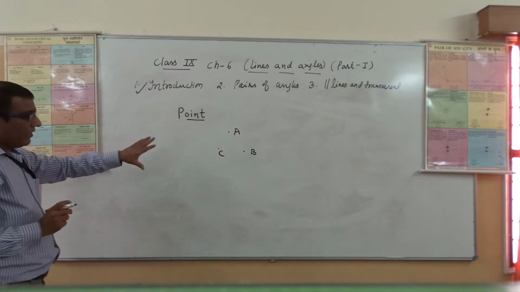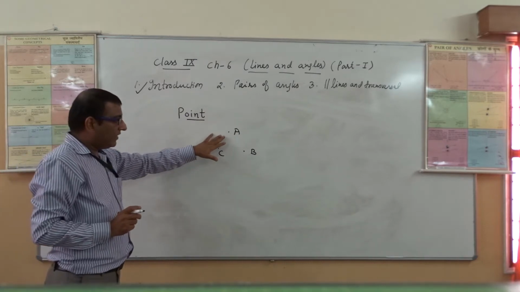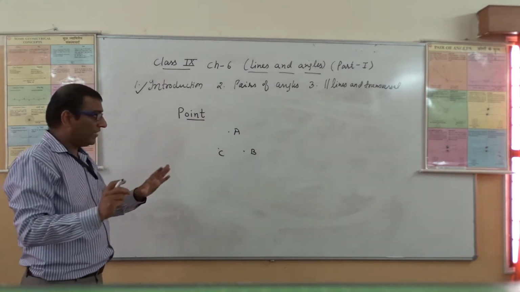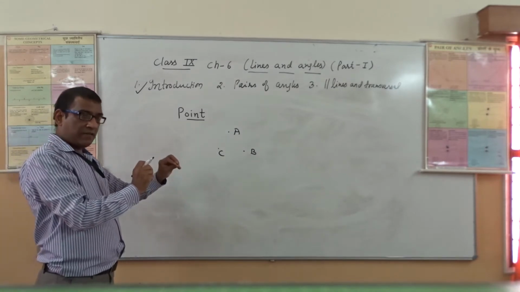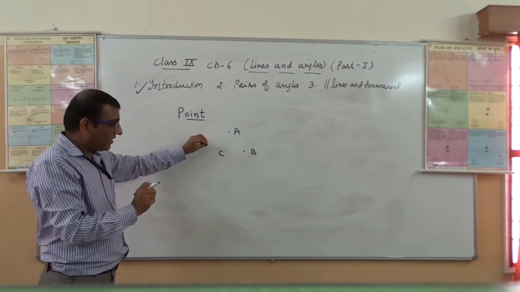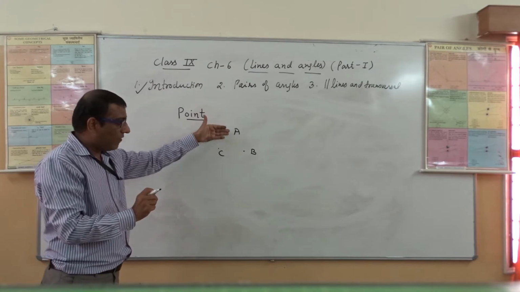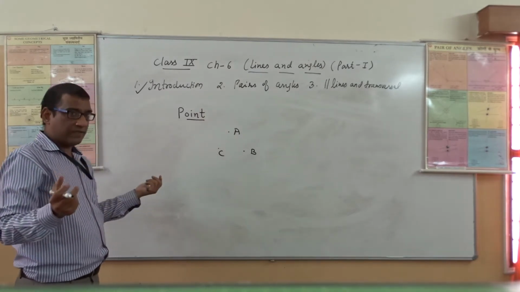In this dot there is no length, no width, only a fixed position, and it is denoted by any English alphabet, like A, B, C.